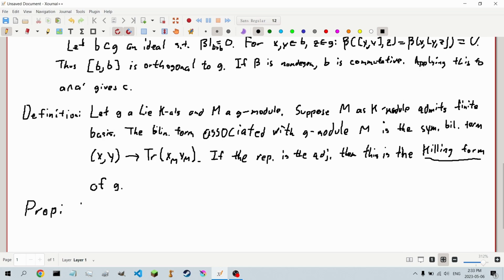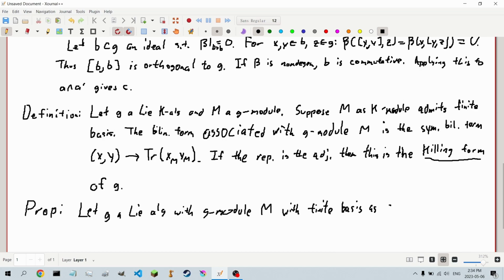Our first proposition here, we're going to let G be a Lie algebra with a G module M, where M has a finite basis as a K module.